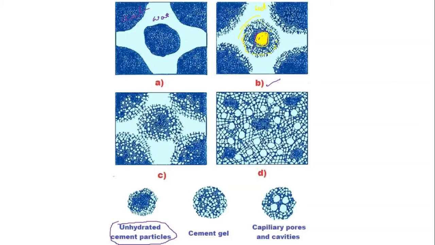So with respect to time, what happens is more and more cement particles are going to come in contact with water and going to hydrate. In the process, it reaches stage D.